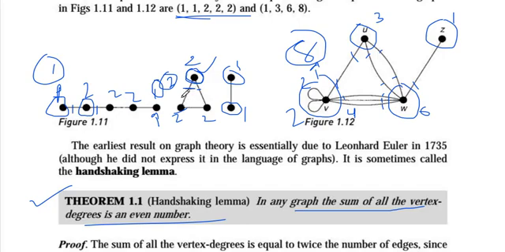So all the edges are counted 2 times, because they have 2 vertices. For vertex V this edge counts as 1, and for vertex U this edge also counts as 1. So for any number of edges we have to count 2. So if we add all the vertex degrees, then it is an even number. Why? Because it counts as 2, and any number multiplied by 2 is always an even number.